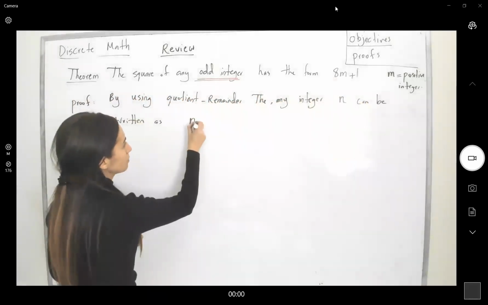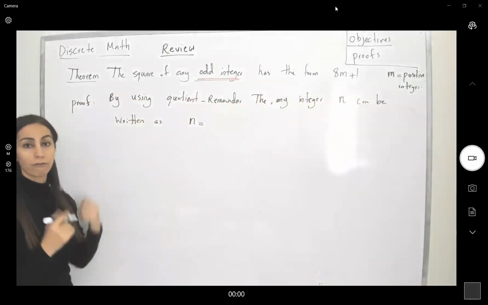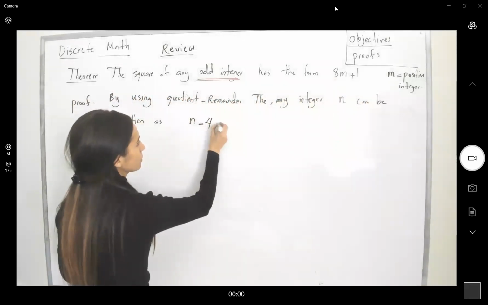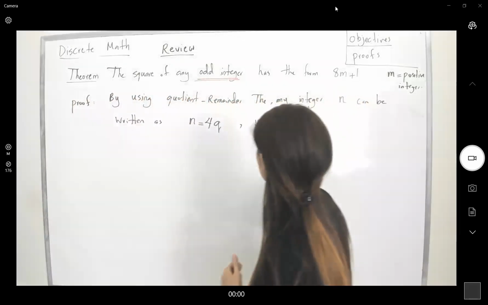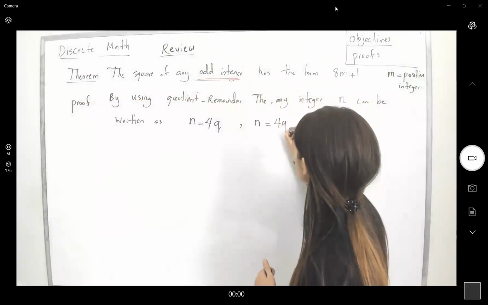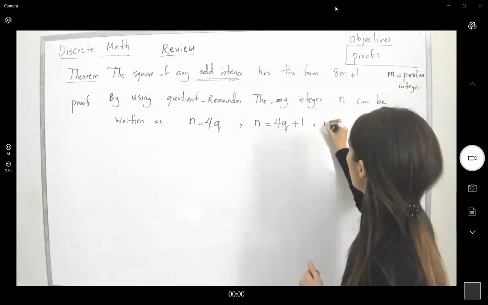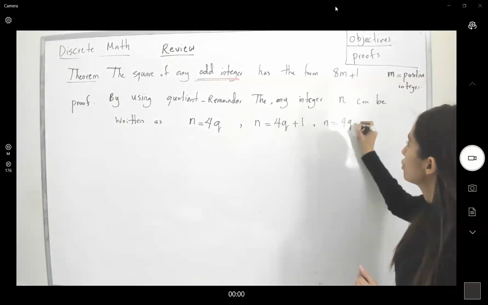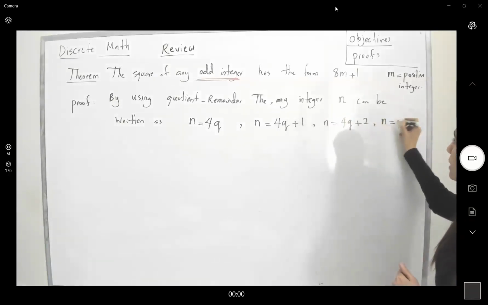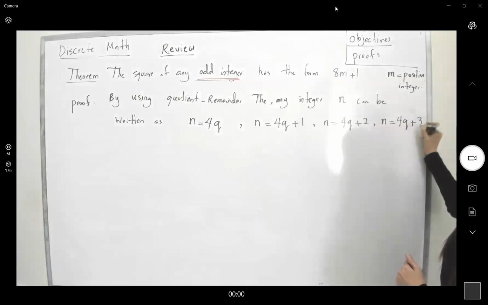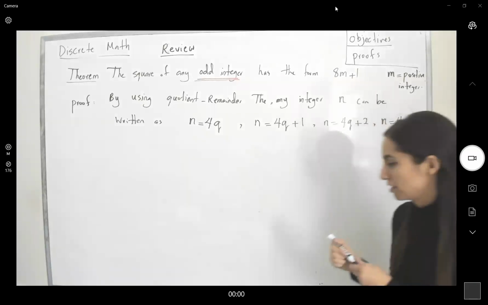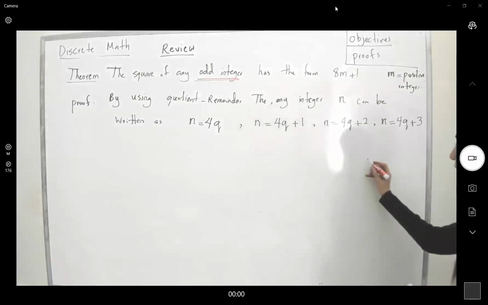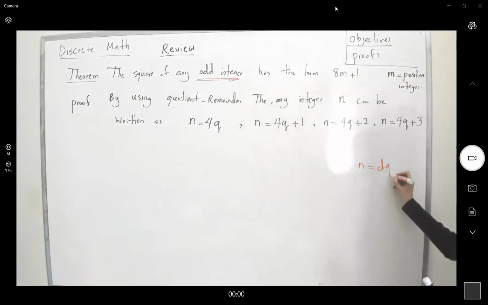That n can be written as 4 times q, or n can be written as 4q plus 1, or n can be written as 4q plus 2, or n can be written as 4q plus 3. The quotient remainder theorem says any integer can be written as d times q plus a remainder r, and this r is in between 0 and d.